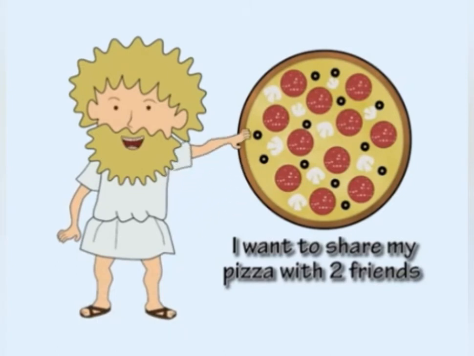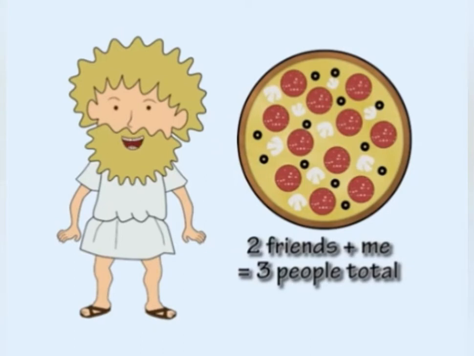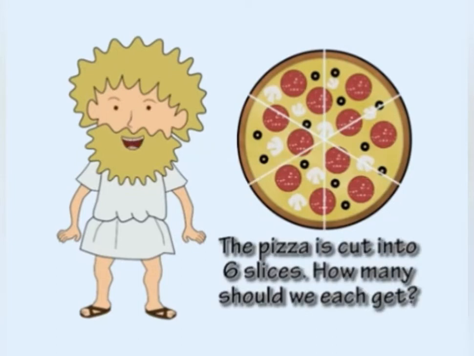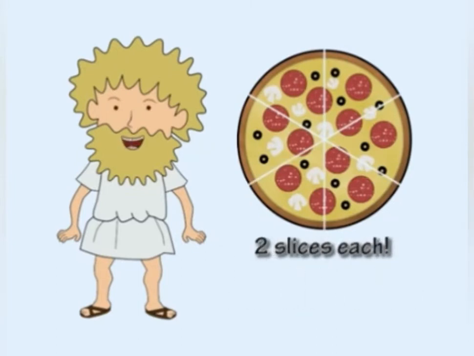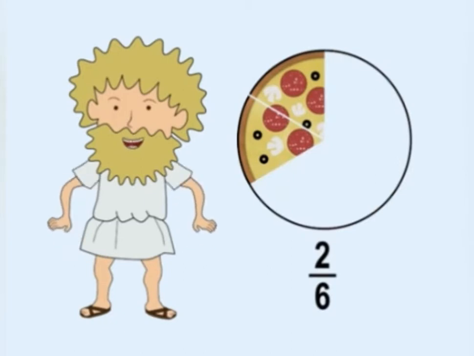If you have a pizza and want to share with your friends, then you will care how many slices you have there to divide up so it's fair. And you'll want to know a fraction is a part of a whole.